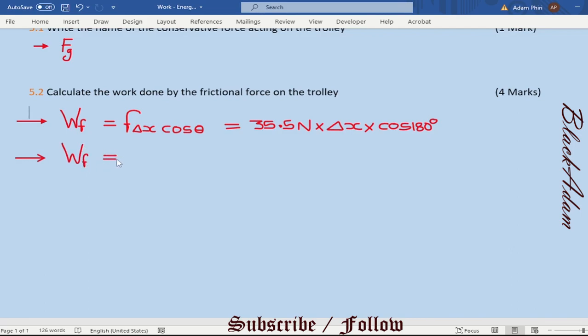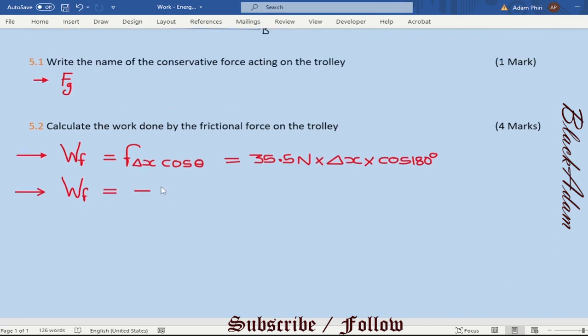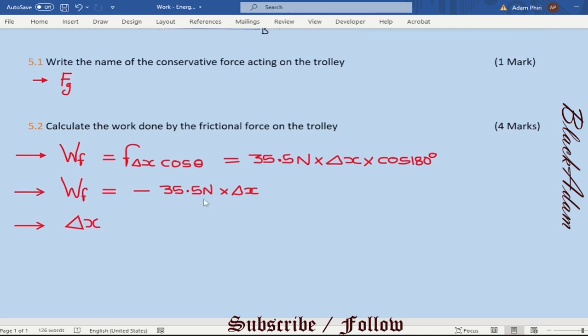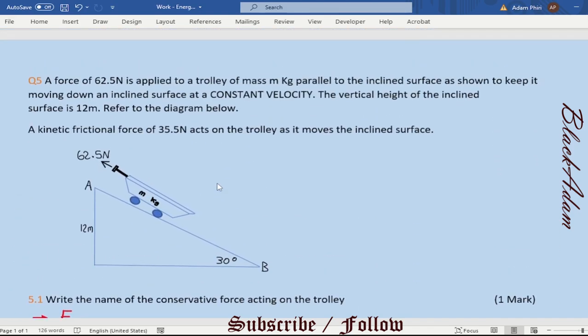So cos 180 is negative 1, and negative 1 times 35.5 is negative 35.5 newtons times change in x. We don't know the displacement.